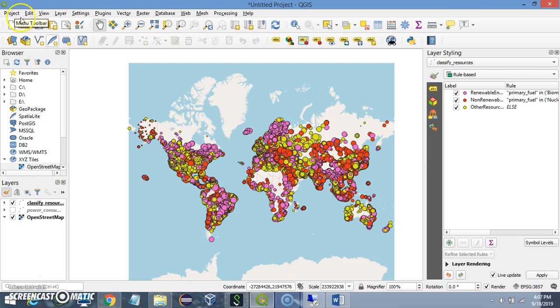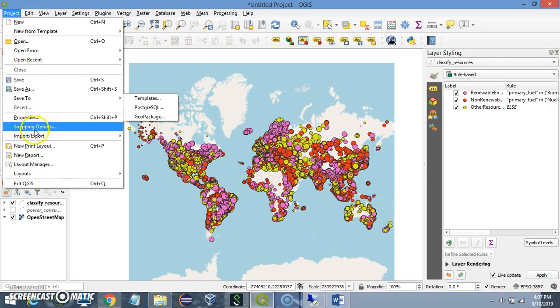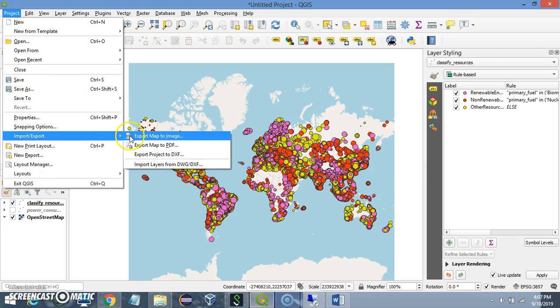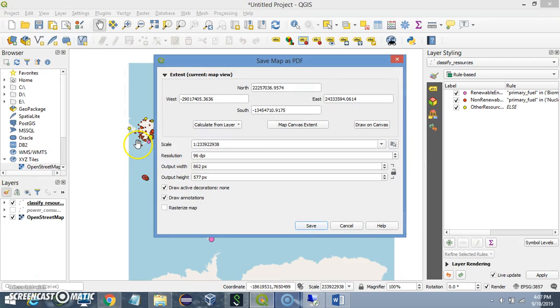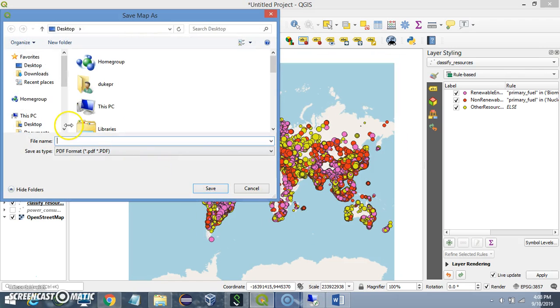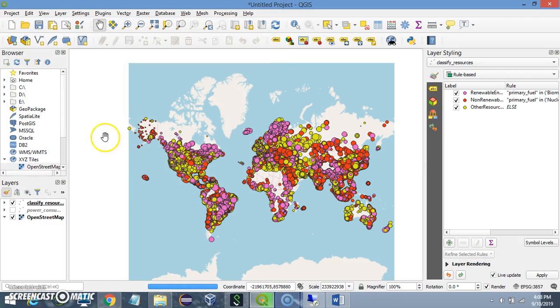To save this image or your projections, you can go over here and export it to PDF, and you can save the file. I'm going to save it to the desktop.